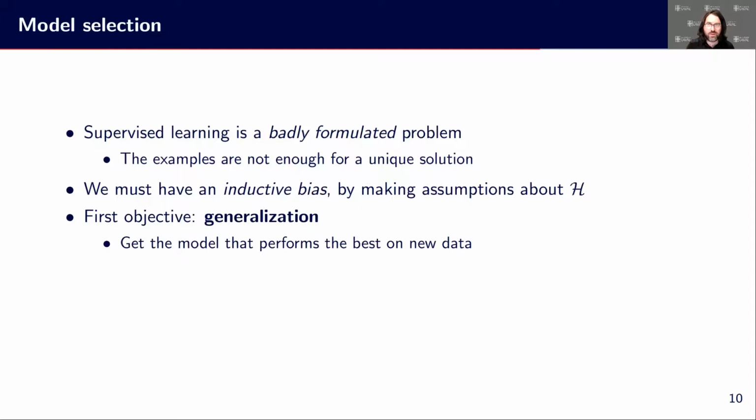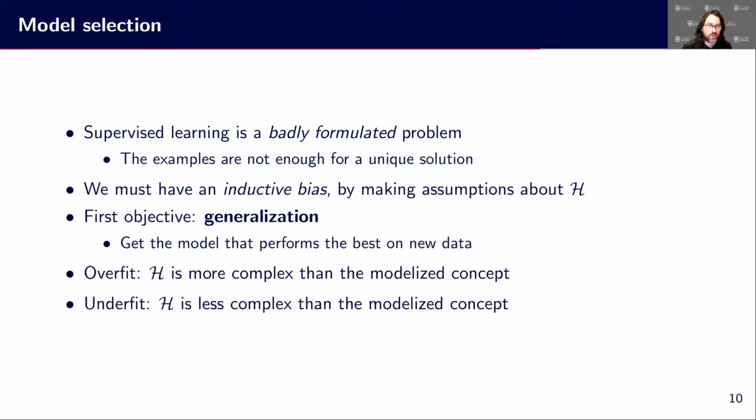We want to get a model that is performing well on new data. So in terms of overfit, h is more complex than the concept. So it means that when we are overfitting, we have models that are too complex for what we have as instances.